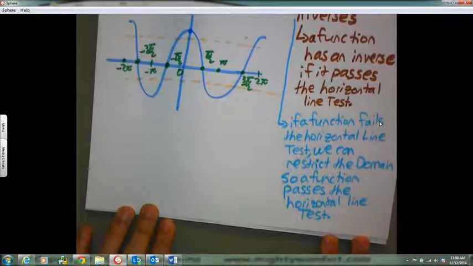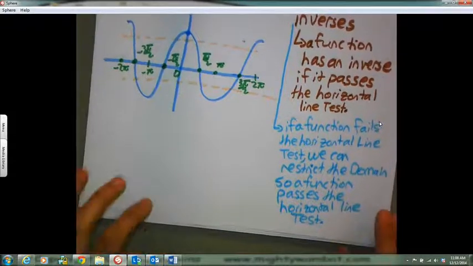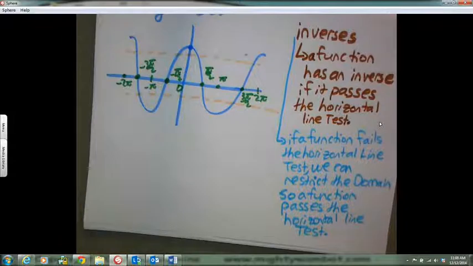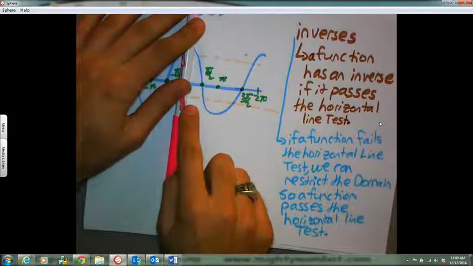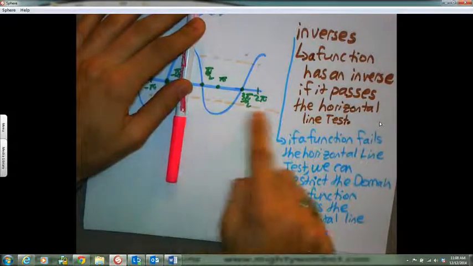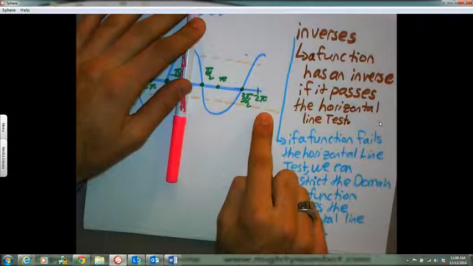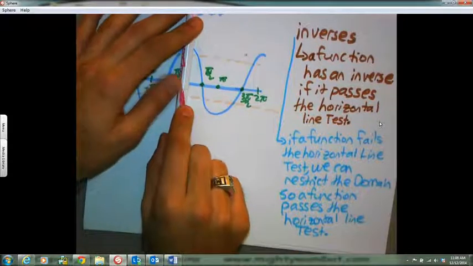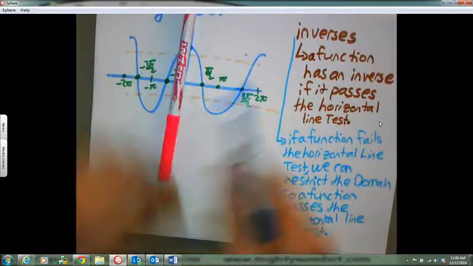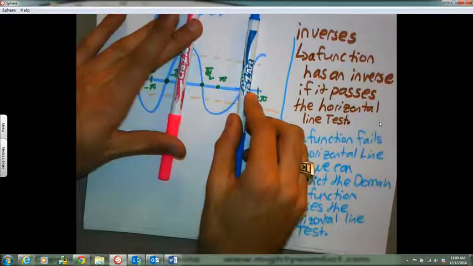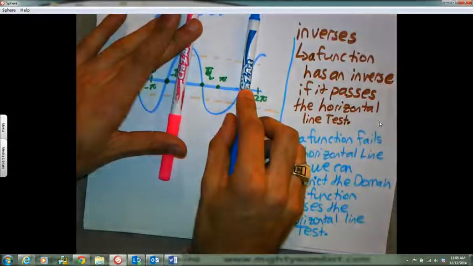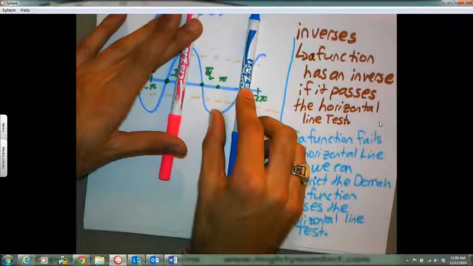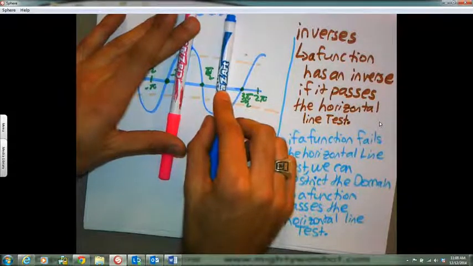Okay. So let's assume, for discussion purposes, that I restrict the domain from 0 to 2 pi. I'm not successful. I still fail the horizontal line test. What if I said, alright, instead of going to 2 pi, I'll go to 3 pi over 2? Still failing. But if I go from 0 to pi, I'm in good shape.